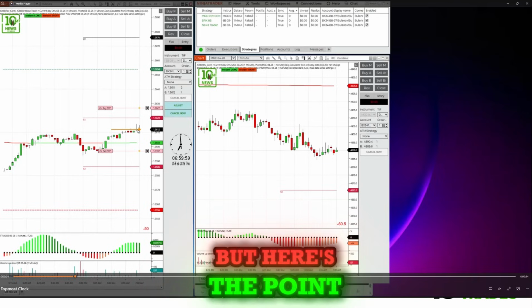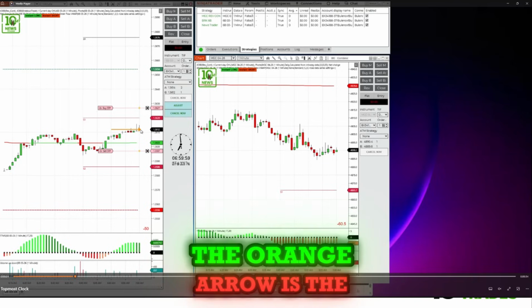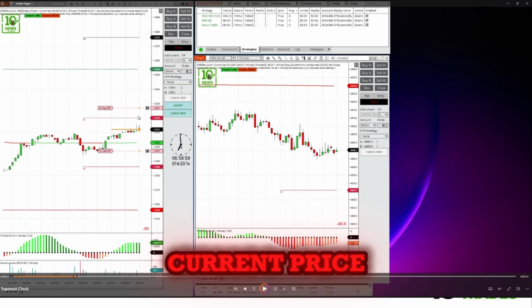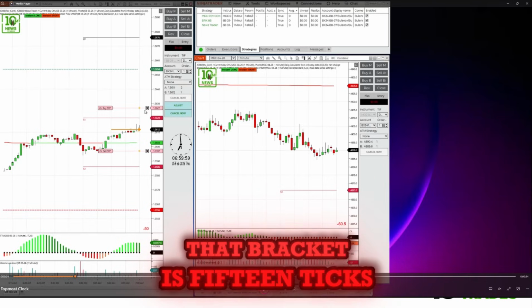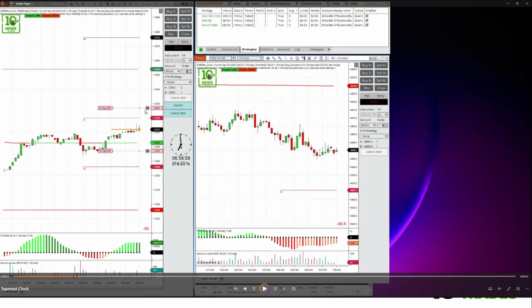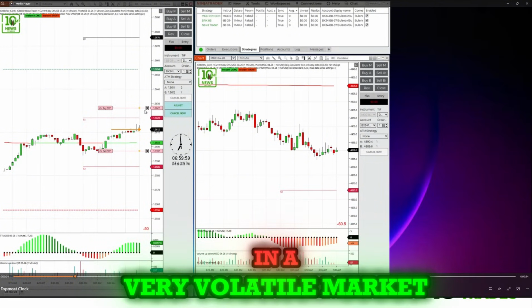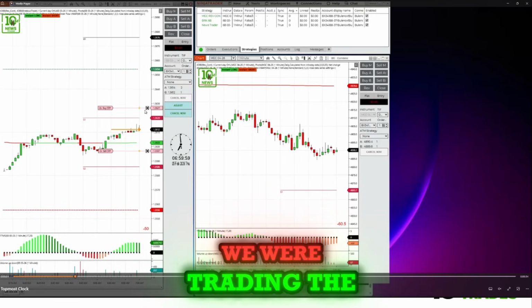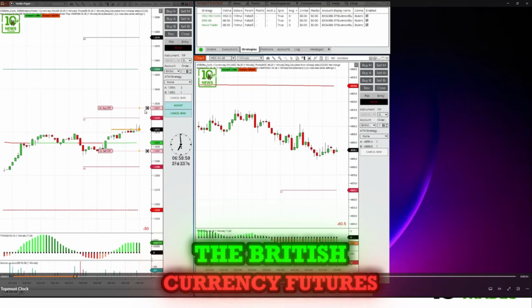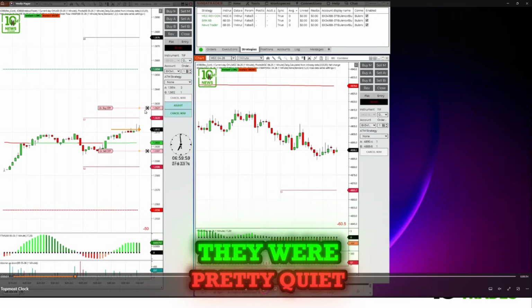But here's the point I'm trying to make. The orange arrow is the current price. So the bracket, maybe that bracket is 15 ticks. In a very volatile market, you might look at that particular trade. We were trading the 6B, the British currency futures. They were pretty quiet.